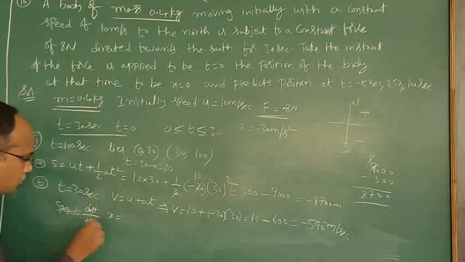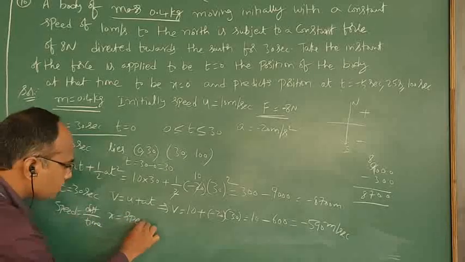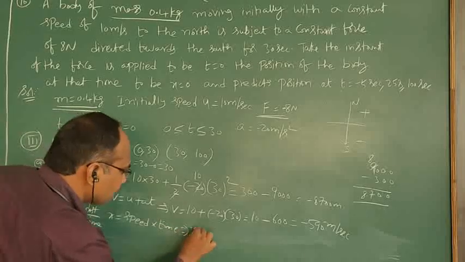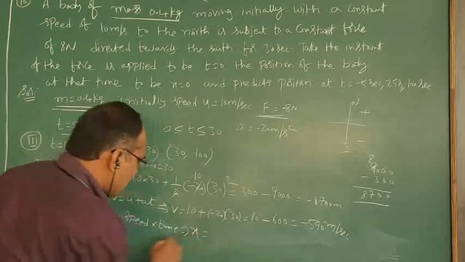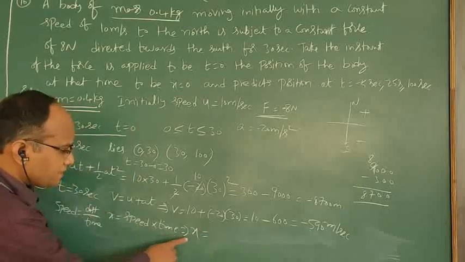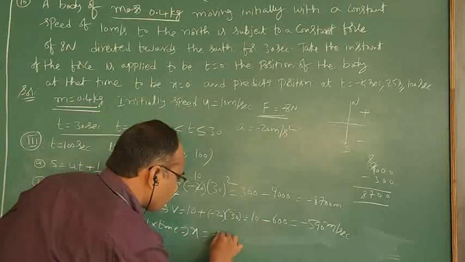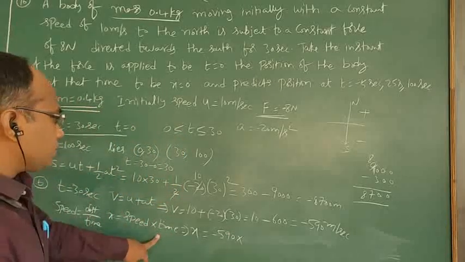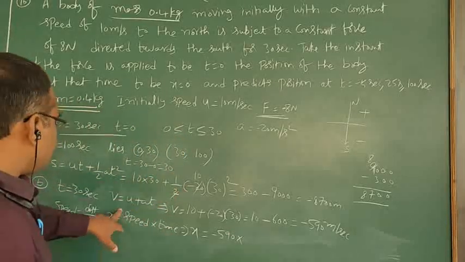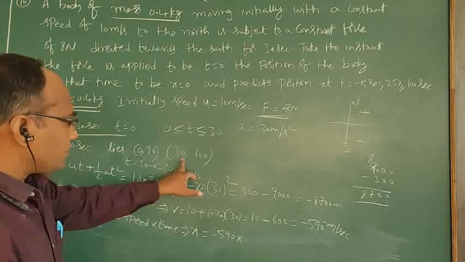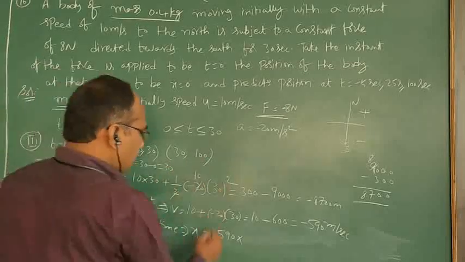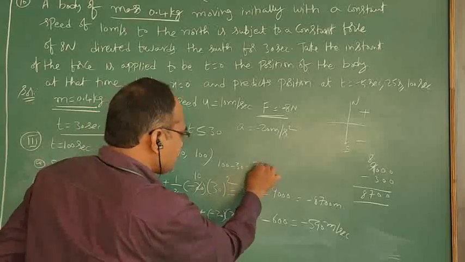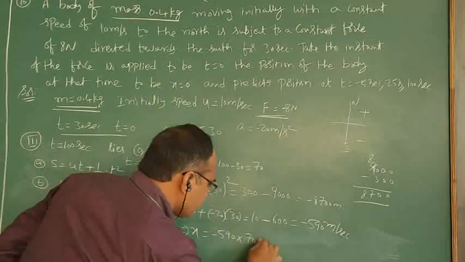So distance is equal to speed into time. Distance I am representing as x. Speed is minus 590 into time. Time is 100 minus 30. Why? Because it is moving from 30 to 100. So 100 minus 30 is 70.